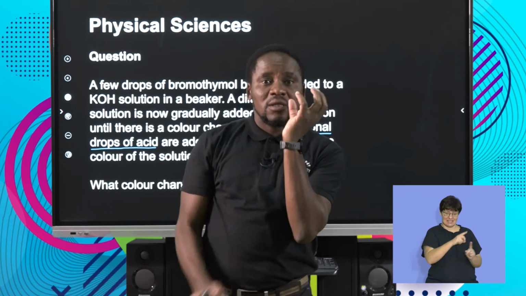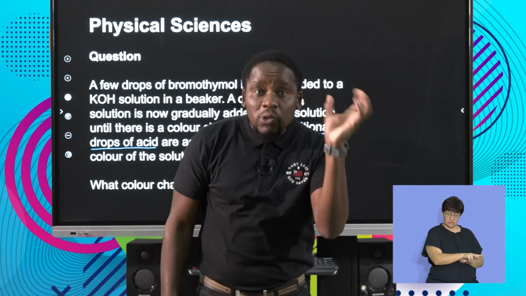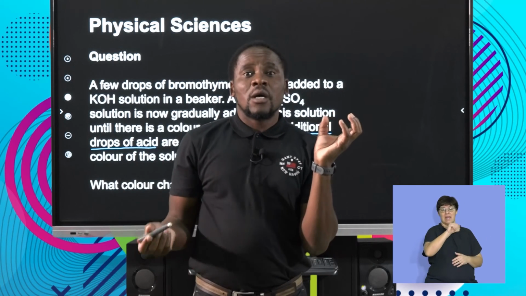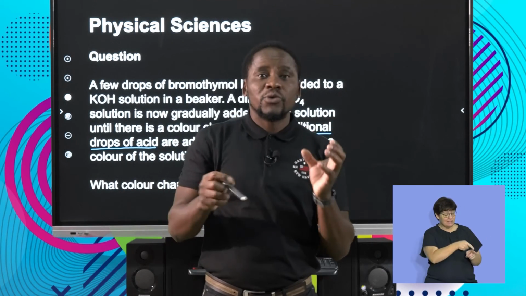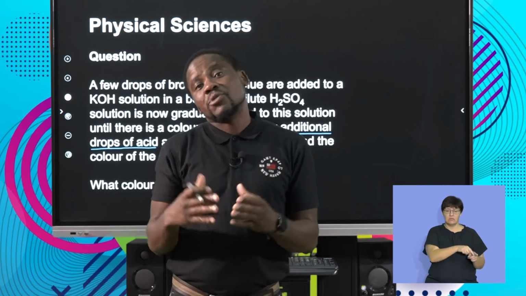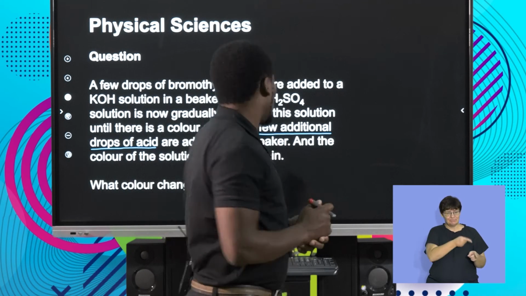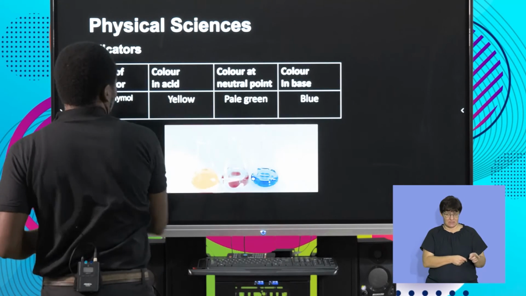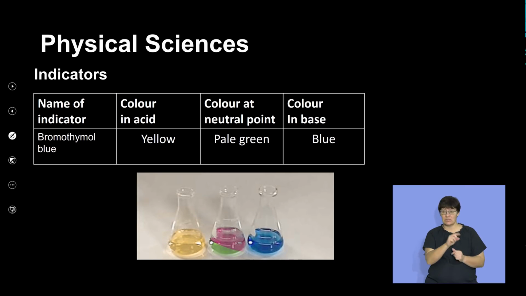It means the resulting solution becomes more acidic. Now, what color does bromothymol blue change to in a strong acid? In the presence of a strong acid, the bromothymol blue changes to yellow. So that's the color change, right?